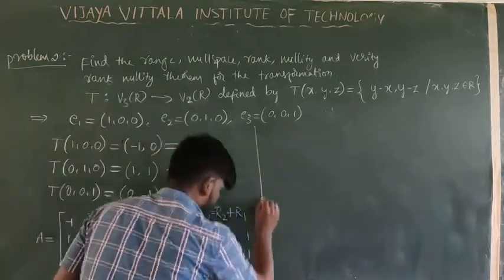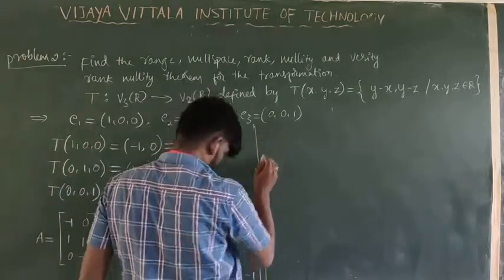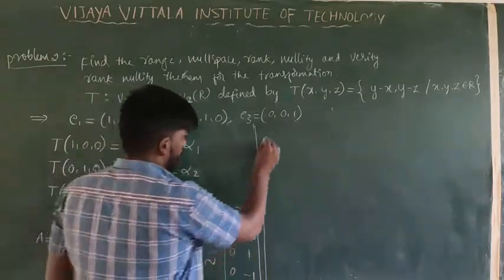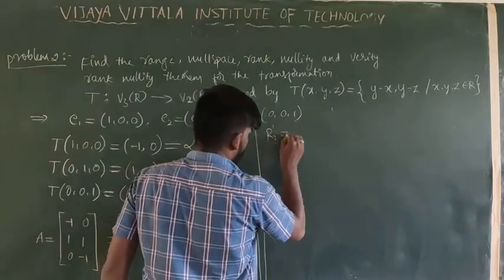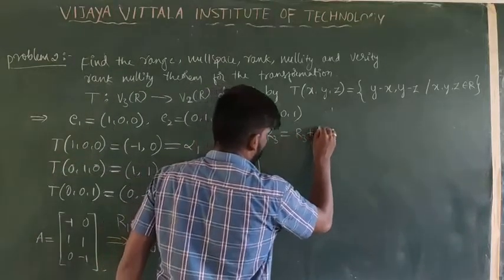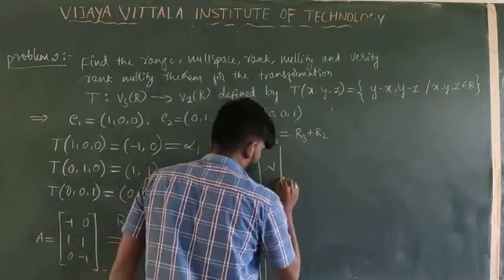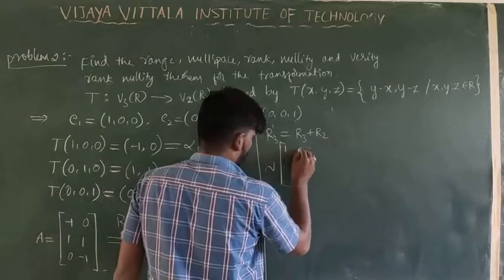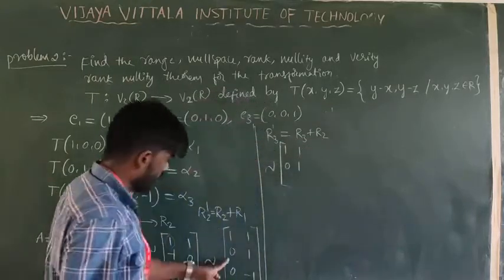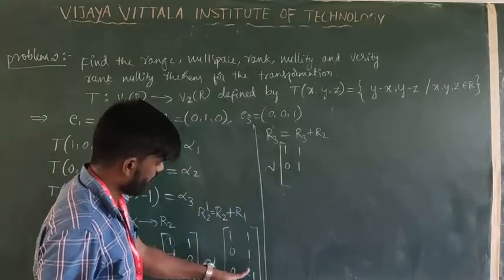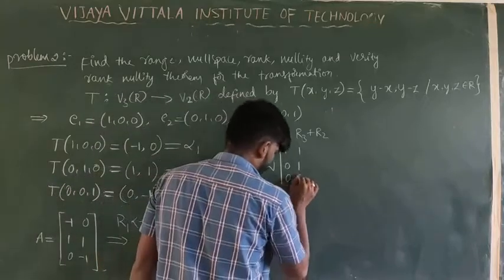Then we use R3 dash equals R3 plus R2. Then we get 1 1 0, 1 and 0 plus 0 gives 0, and 1 plus minus 1 gives 0.